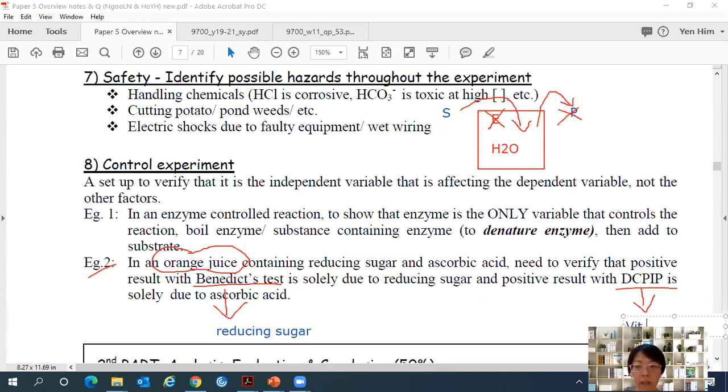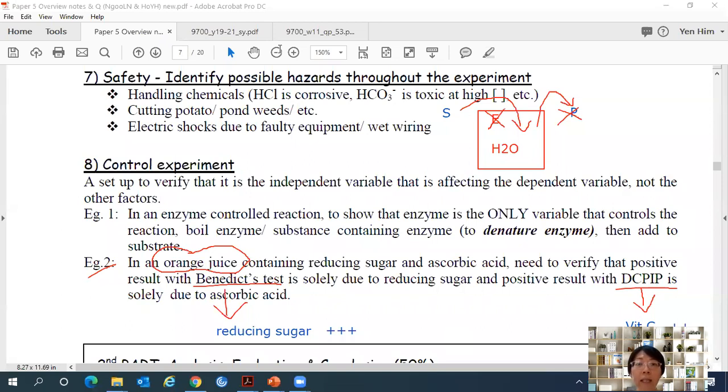So when I do the test, whenever I see it's positive, I say, oh, this positive is due to reducing sugar. And whenever it's positive for DCPIP, oh, there is vitamin C because my DCPIP decolorized. Is it really true? We don't know, right?